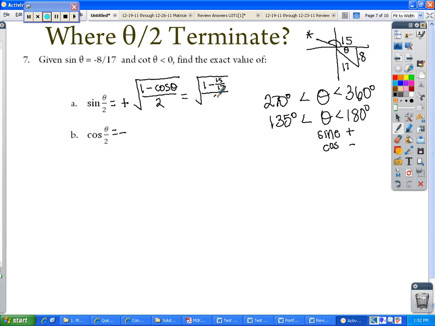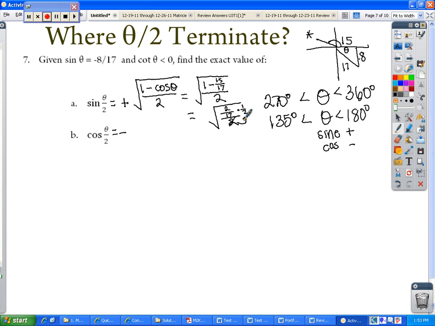divided by 2. Now I'm going to find a common denominator, which is 17. So this is really 17/17 minus 15/17. When I simplify that, I'm looking at 2/17 over 2. Dividing by 2 is the same as multiplying by 1/2.